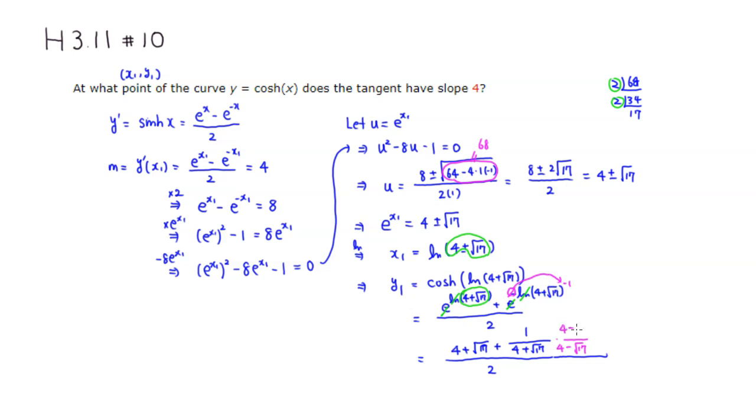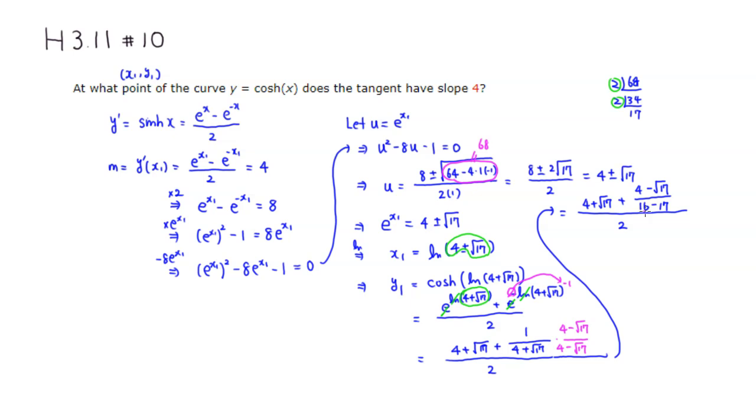So 4 plus square root of 17 is already here. If you multiply out, this is a plus b times a minus b, so 4 squared is 16 minus square root of 17 squared is 17. And then you're going to have 4 minus square root of 17, and then over 2.